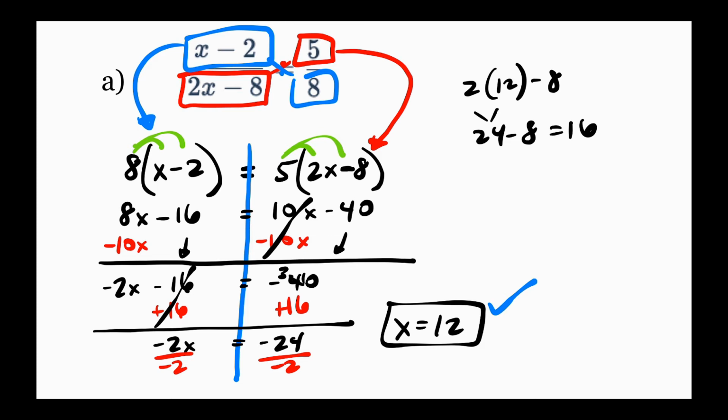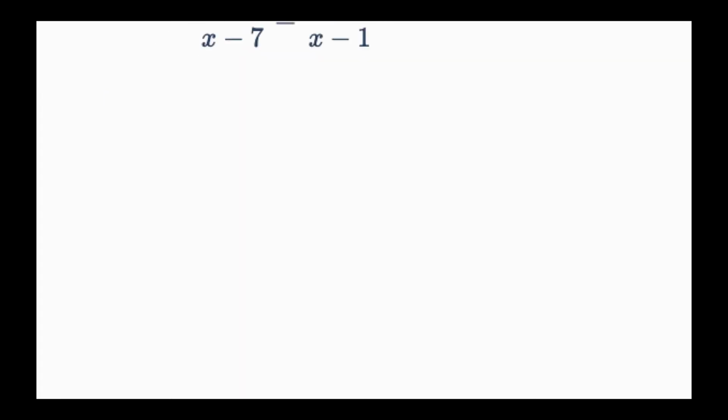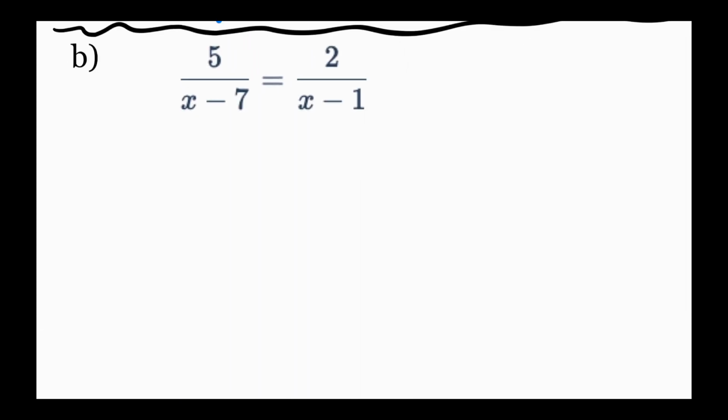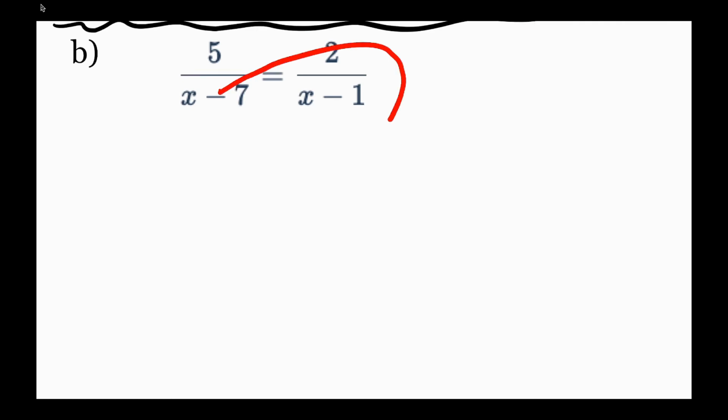Okay. All right, let's try B now. Okay. So B, same thing. I have a fraction and it equals another fraction. So the first step I'm going to do is cross multiply. So I cross multiply here, cross multiply here.